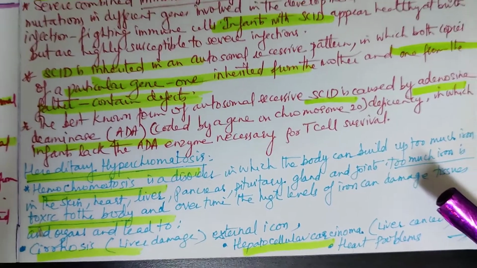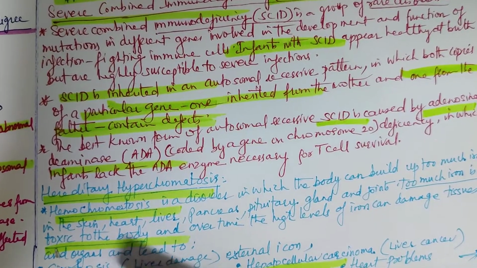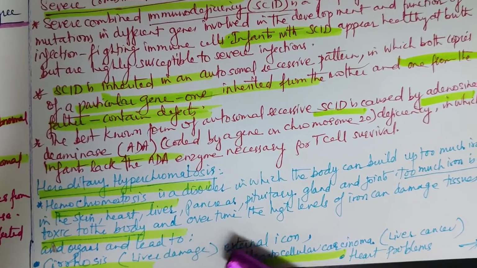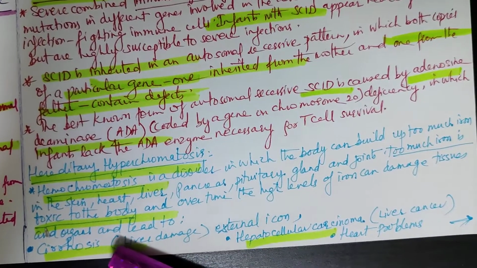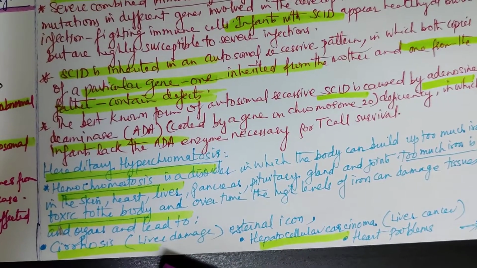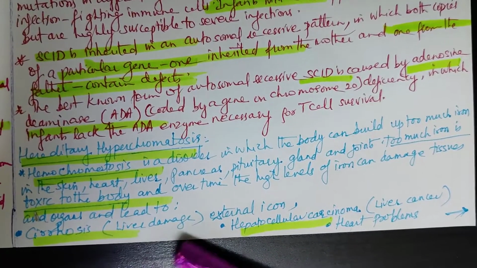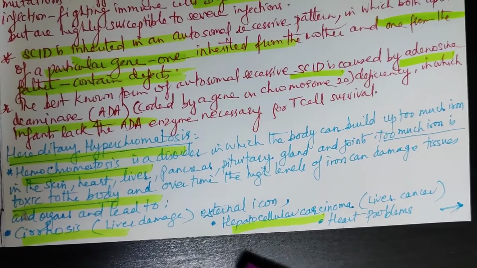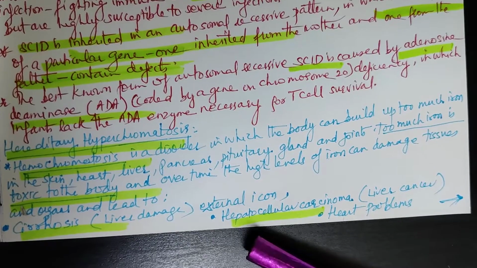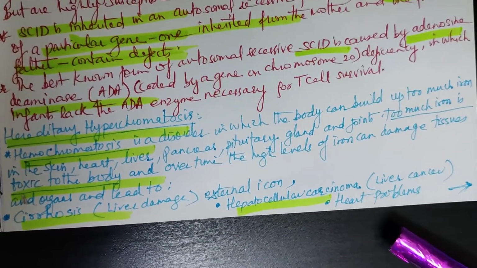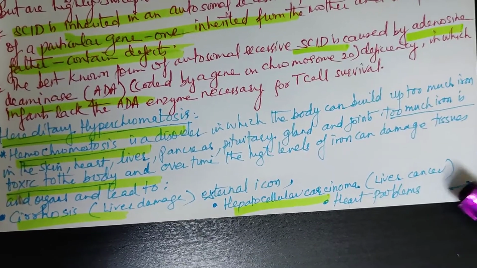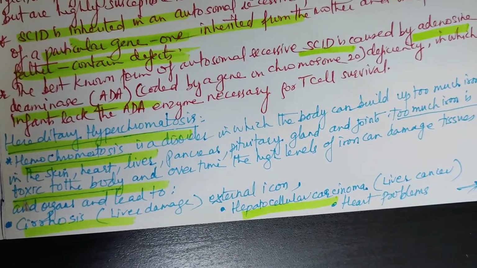Too much iron is toxic to the body, and over time the high levels of iron can damage tissues and organs and lead to cirrhosis, liver damage, hepatocellular carcinoma, which leads to liver cancer, and heart problems.